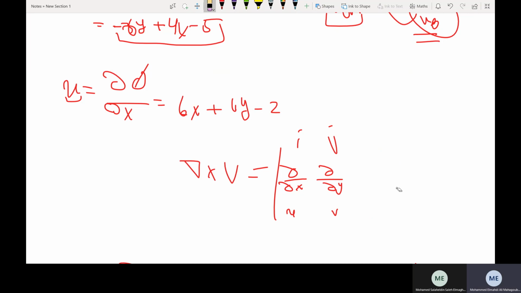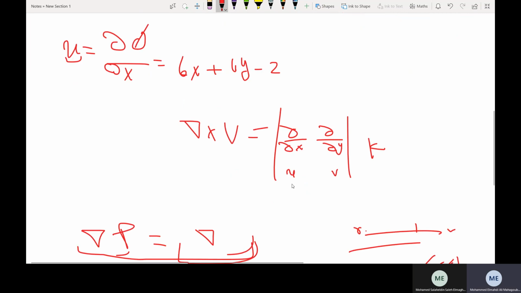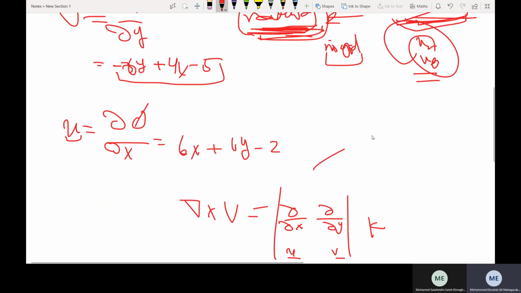Okay, and directly also we know it is in the k direction. Because if you take a cross product between the u and the v, then what's the resulting direction? It is in the k, and this is in the i and this is in the j.